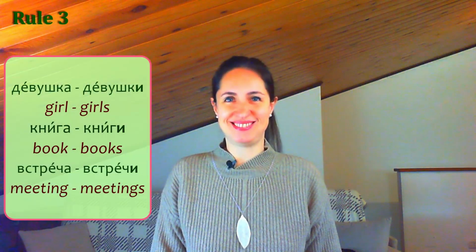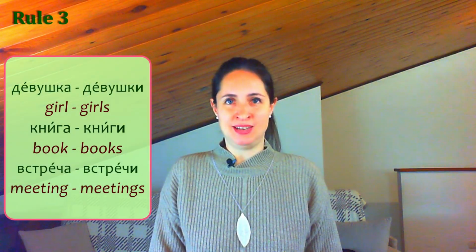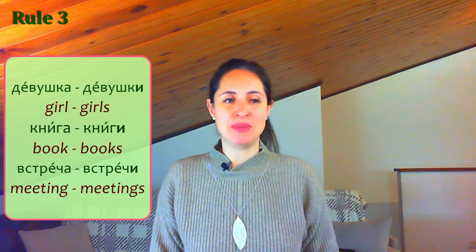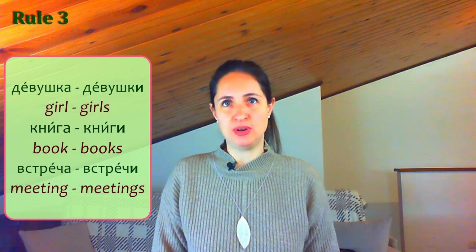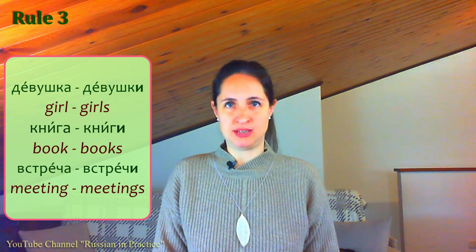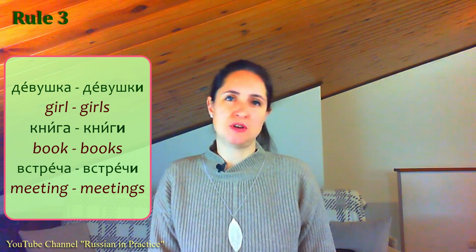Here we are, arrived at the third rule. Let's say some examples. I'd like to warn you that this rule is a bit more difficult. Maybe you won't be able to formulate the rule on your own. There are several letters in particular that count here. Let's read them first.